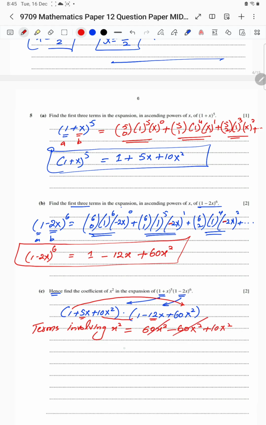These two will cancel out, we will get 10x squared. So as we are here to find the coefficient of x squared, you can write the coefficient of x squared is 10. That should be the right answer. I hope you got it.